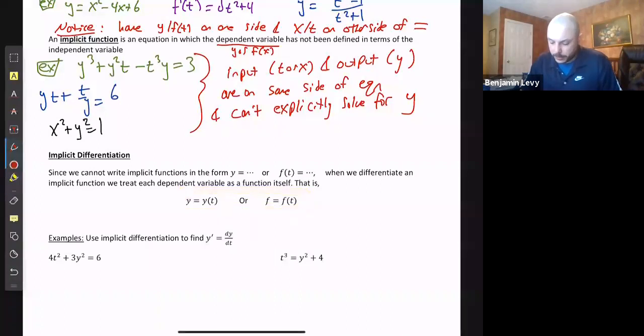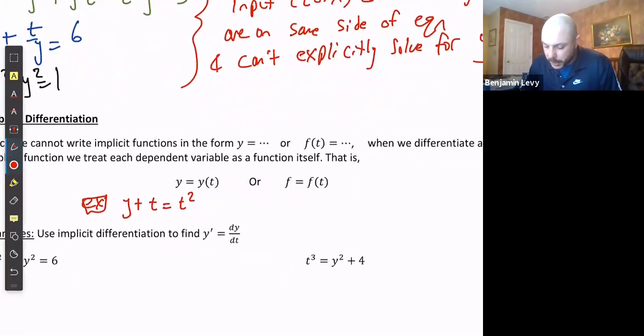So for example, let me just do a very basic example. Let's say we had y plus t equals t squared or something like that, and let's say we wanted to differentiate that. Let me do a mini example right here.